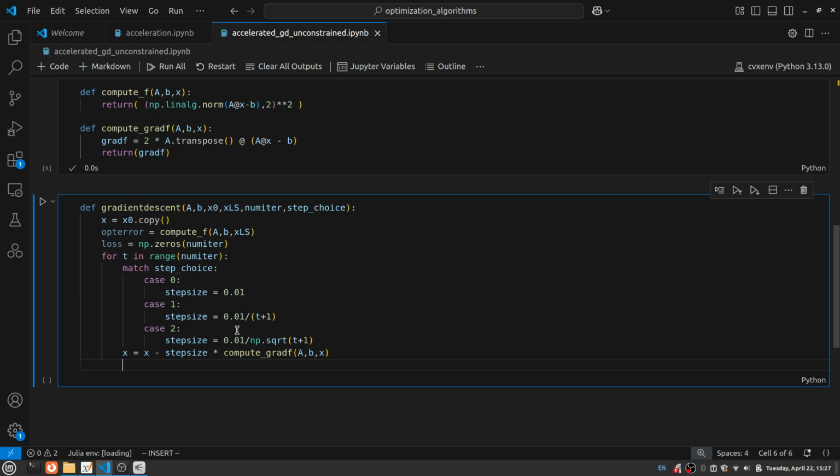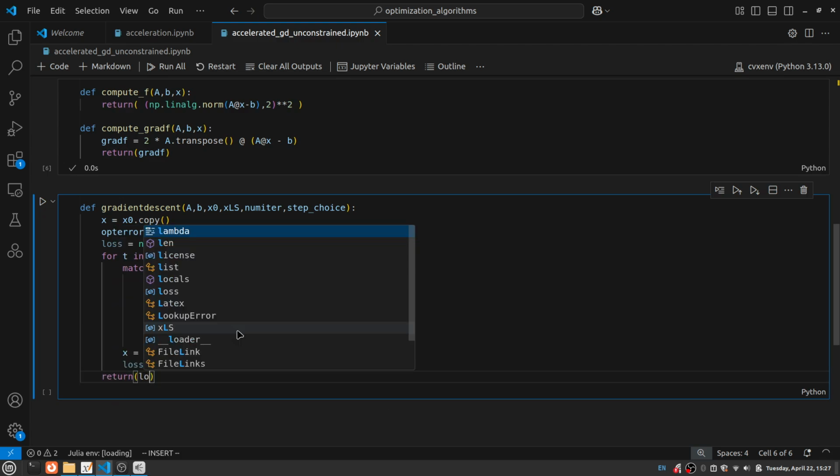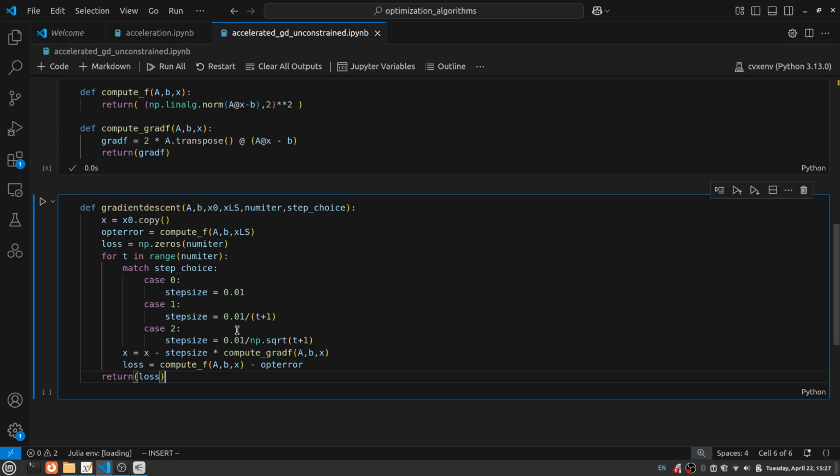Right, so I'll take loss to be equal to the error at x, the objective function at the current time step, minus the best possible, the lowest possible error that I can achieve. Okay. And for now, once all of this is done, I just output the loss. Okay. Any questions?